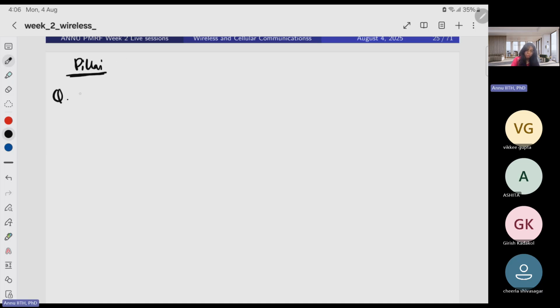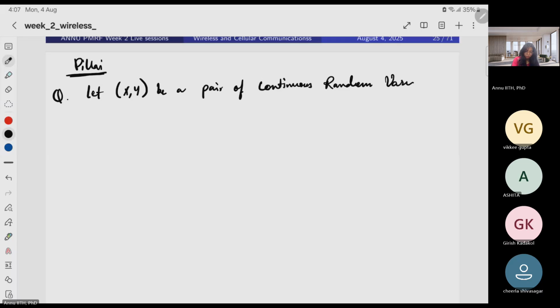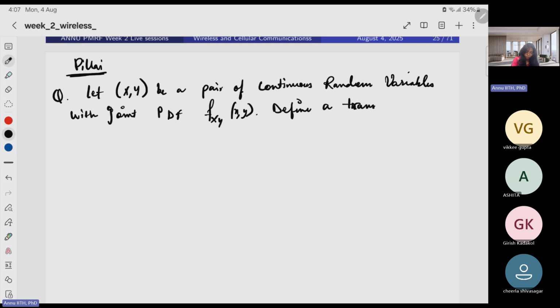The question: let x, y be a pair of continuous random variables with joint PDF f of x, y, and define a transformation such that u is equal to x plus y, v is equal to x minus y.